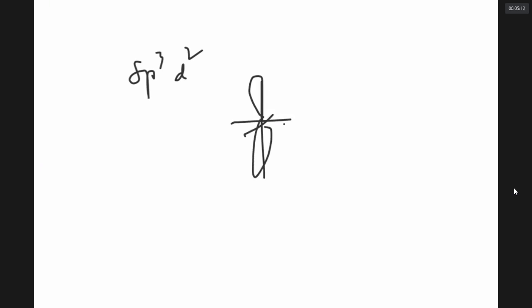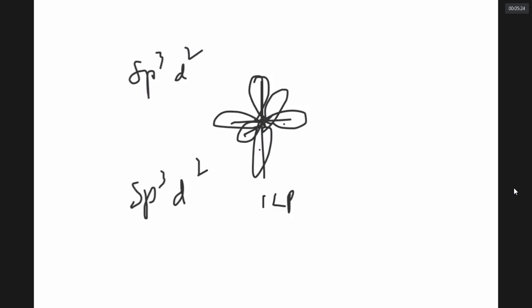Now sp3d2 is octahedral. Suppose in sp3d2 there is one lone pair, what is the shape?